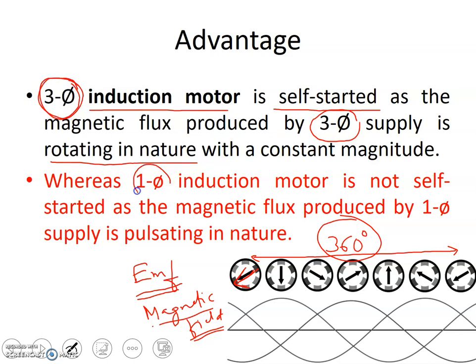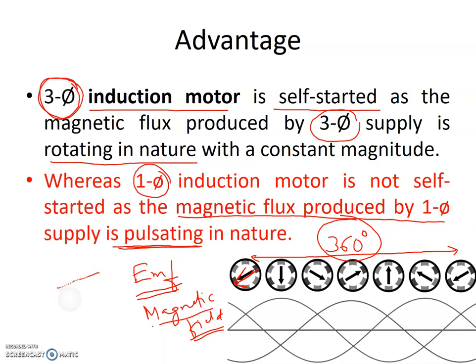While in the case of a single-phase induction motor, the magnetic flux produced is pulsating in nature. It's not rotating, it's pulsating. So it's going in one direction and then coming back and then going to the other direction, and so on and so forth.